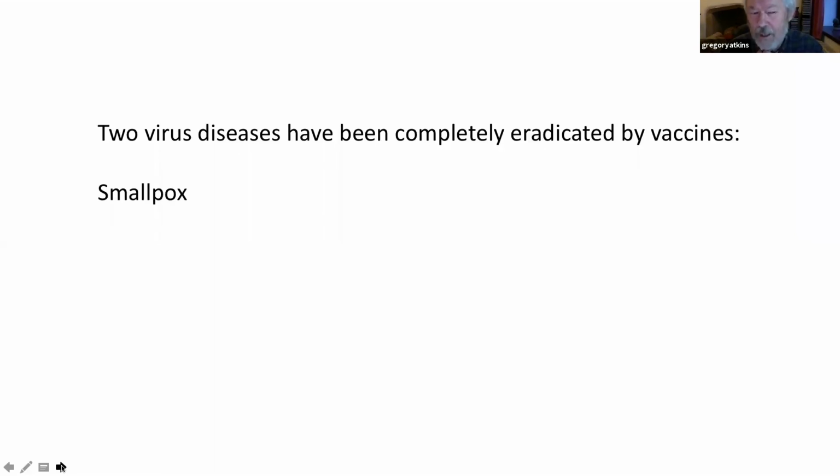Smallpox, which had a 20% lethality in the past, and many of the survivors were disfigured, but that's been eradicated by Jenner's original vaccine, actually. And the other one that's been eradicated is that virus of cattle, rinderpest virus, which was a big scourge in Africa and Asia, and in wildlife as well as cattle. So those have been eradicated by vaccines.